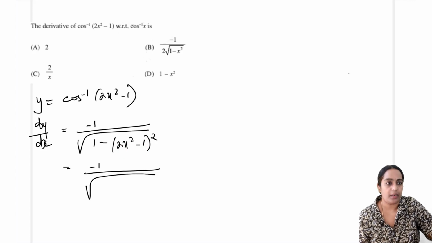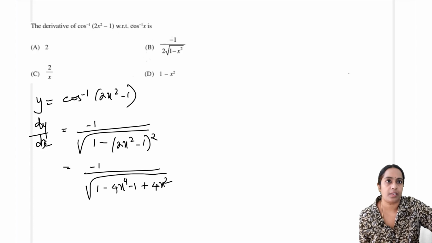So what do I get when I expand? 1 minus 2x square. 2x square the whole square will be 4x power 4. 1 square will be 1. And then the sign is minus outside, so it will be minus 1 and plus 4x square.